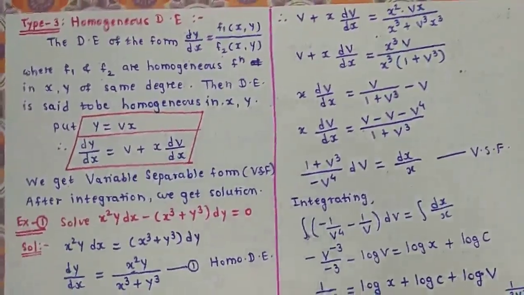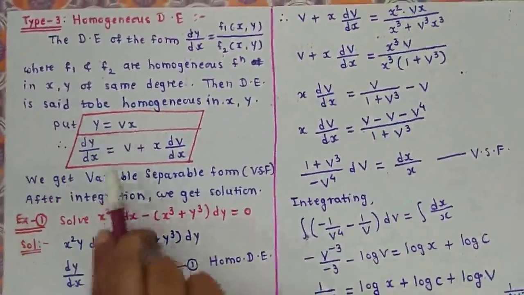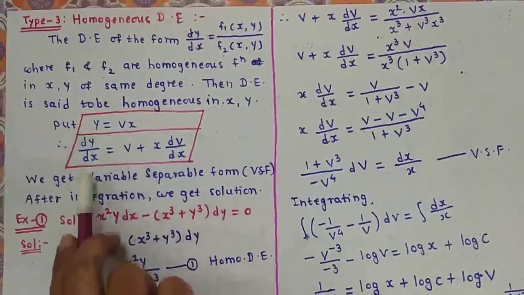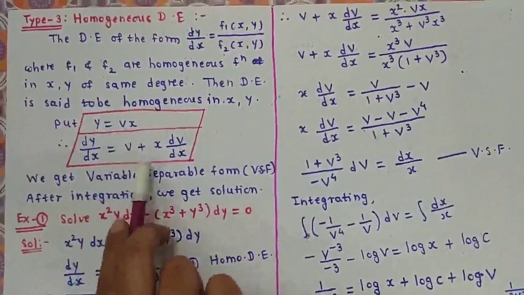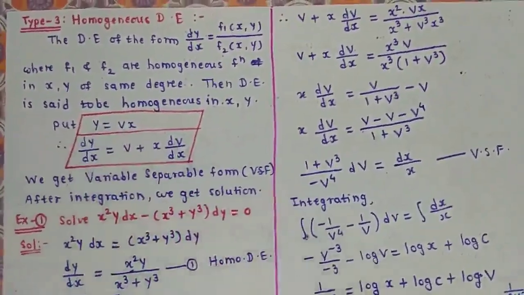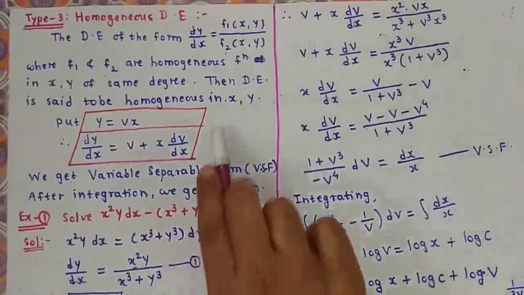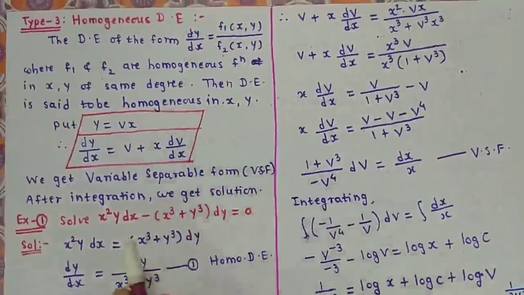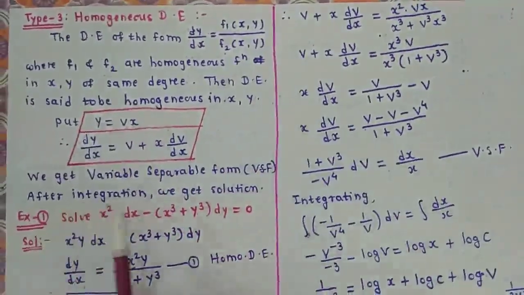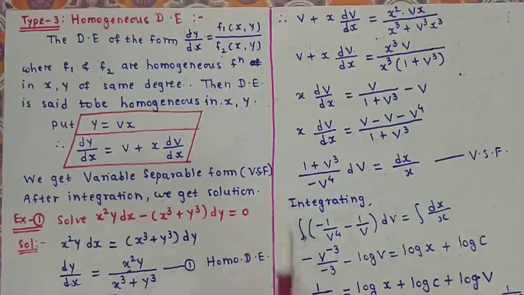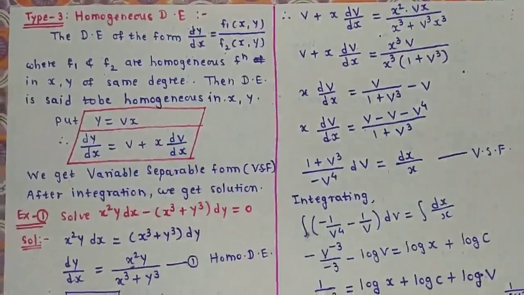So in this type of homogeneous differential equation, we use the substitution y equals vx, so that dy by dx becomes, for the derivative we use the product rule, v plus x dv by dx. After substituting these two things in the given differential equation, we get the variable separable form, and we know that just by integrating we solve the variable separable form.